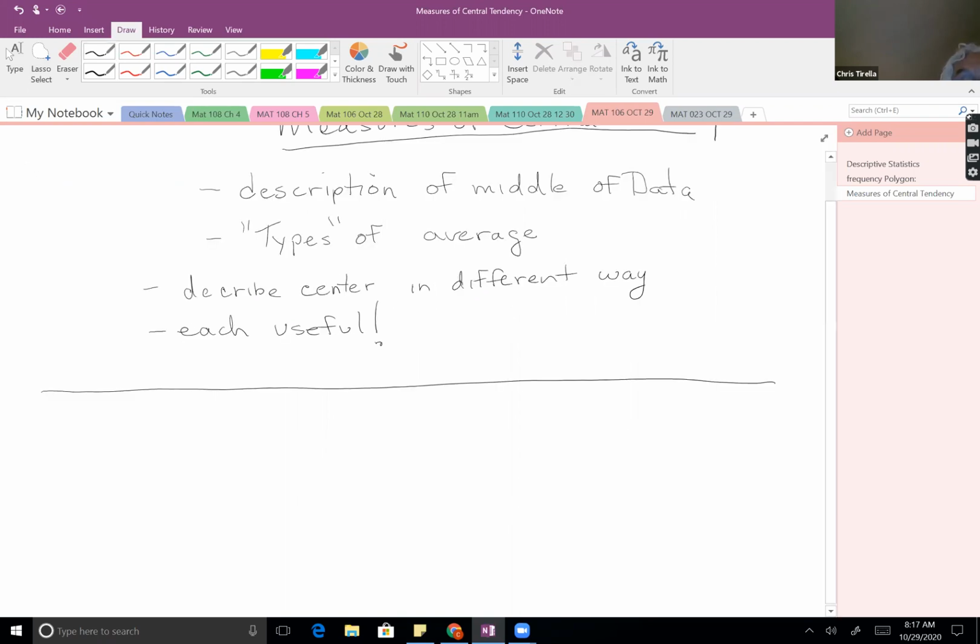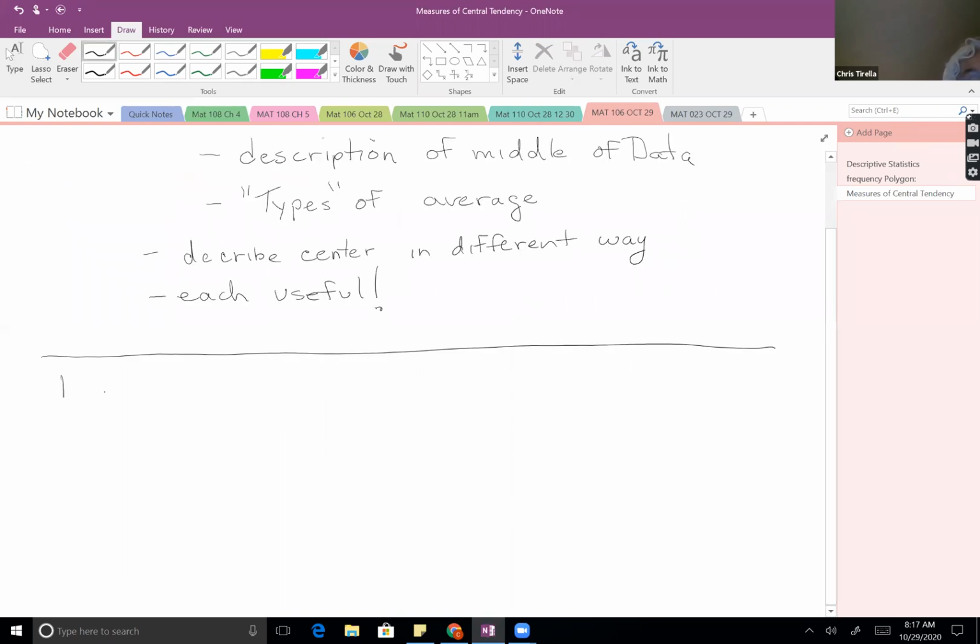First one that we're going to look at is the mean. Has anybody heard of the mean of a set of values? Yes. The mean is also referred to as the arithmetic average.